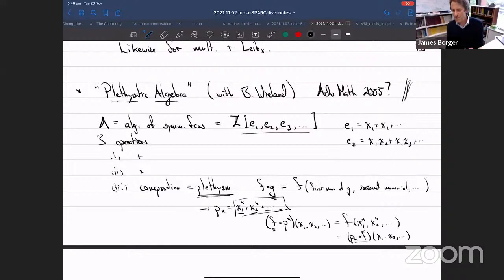You'd have to explain it to me again, symmetric groups and so on. But for symmetric functions, that's exactly this thing. Maybe another thing to say: E1 is the identity operator with respect to plethysm.